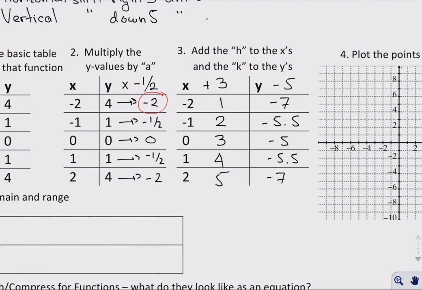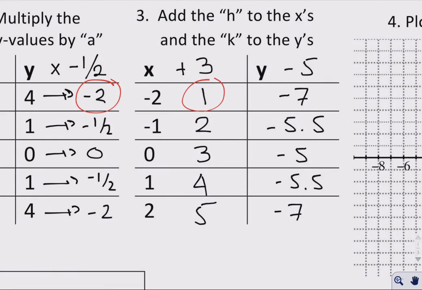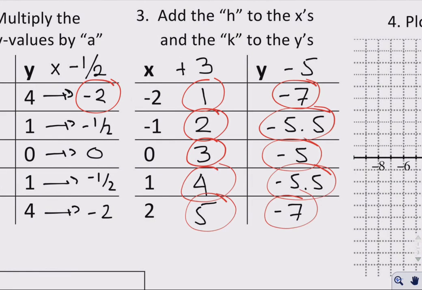Here are our final points which we are going to graph. So looking at them, I'm going to graph 1 and -7, 2, -5.5, 3, -5, 4, -5.5, 5, -7.